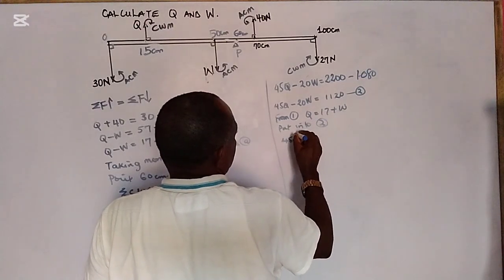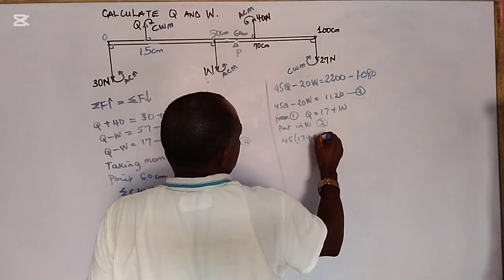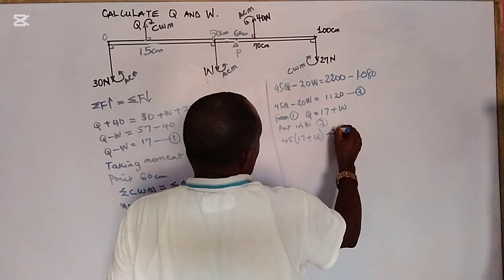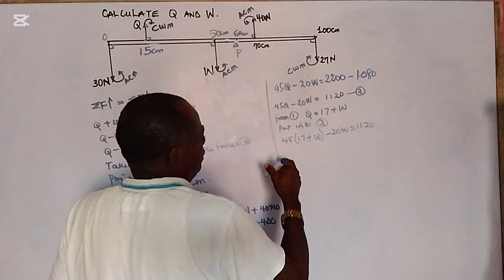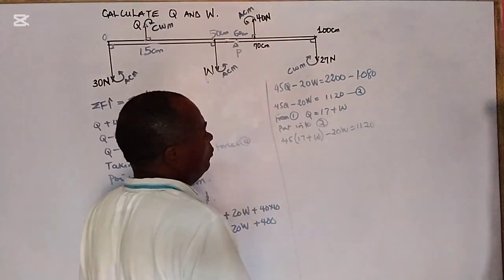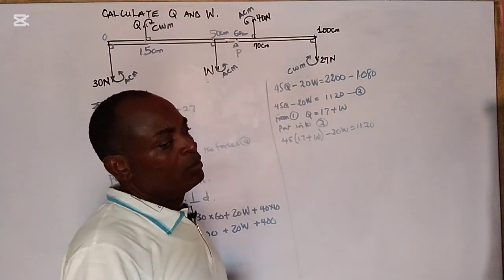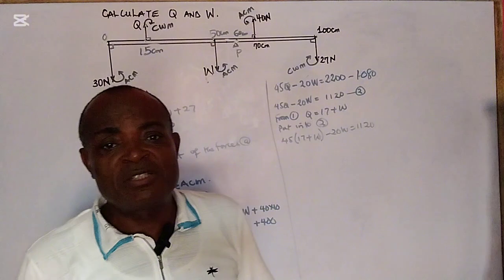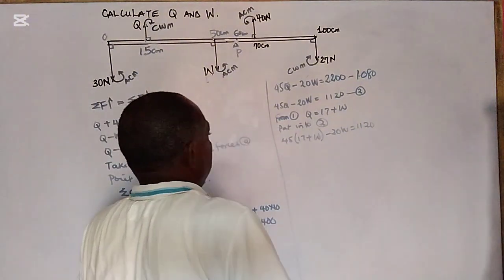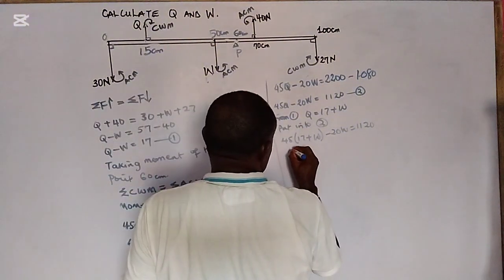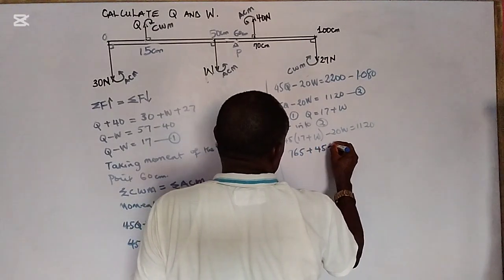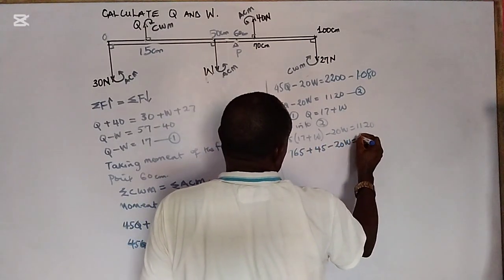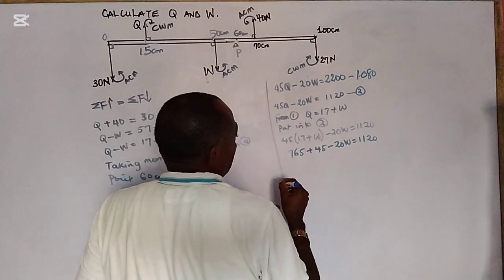So we have 45 times (17 plus W) minus 20W equals 1120. If we open the bracket, we have 765 plus 45W minus 20W equals 1120.